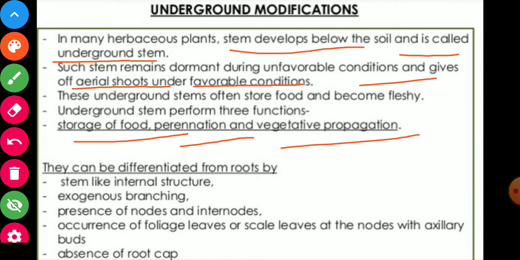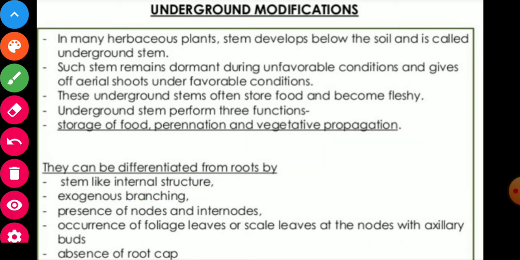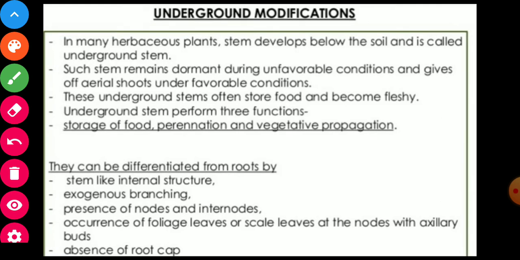They can be differentiated from roots by stem-like internal structures, exogenous branches, presence of nodes and internodes, occurrence of foliage leaves or scaly leaves and absence of root cap. These are some modifications of underground stems.